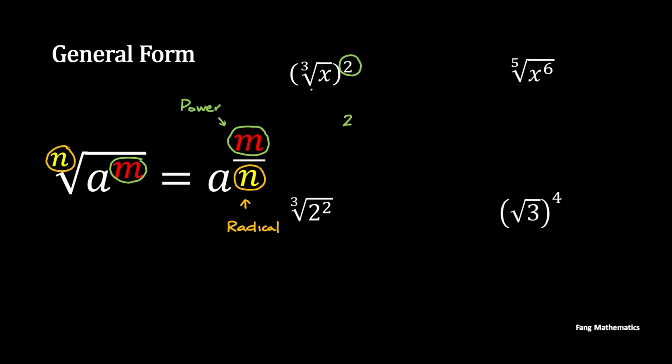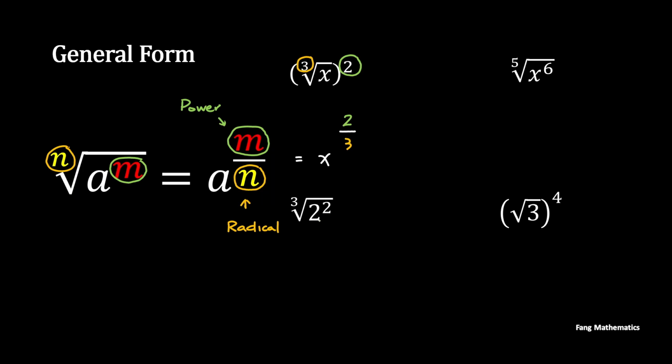So 2. And the next, you should see a cube root. You see this 3 attached to the radical. So you are to put 3 at the denominator. And 2 over 3. And we take our base as x. So you should get x to the power of 2/3.